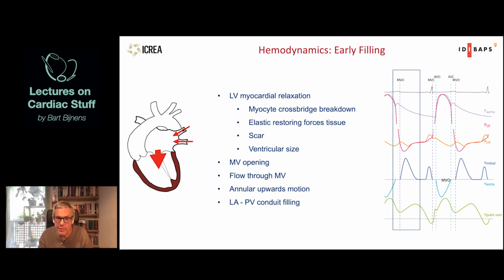Because if you had almost no pulmonary vein flow, you would have a very quick equalization of atrial and ventricular pressures, and that means you can only fill that much. So as long as you can still get pressure and flow coming from the lungs, the more efficient this will be. So you see already that it is an interplay of a lot of parameters that determine in the end how much volume, and how fast, gets into the ventricle in the early filling period.